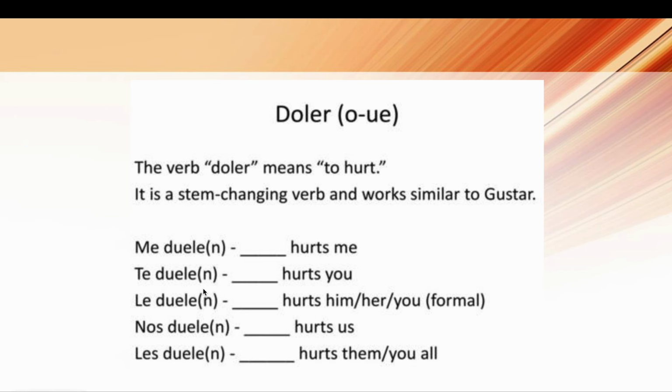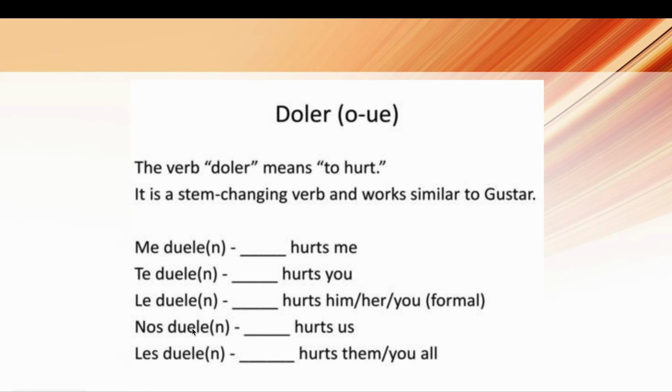And they would respond with the me. They would say, sí, me duelen las piernas, or no, no me duelen las piernas. If I'm asking about someone, let's say I'm asking about a friend, I would say to whoever I'm talking to, oh, ¿le duelen las piernas Maria? I'm saying, do Maria's legs hurt? And then maybe that friend would say, no, no le duelen, they don't hurt her.